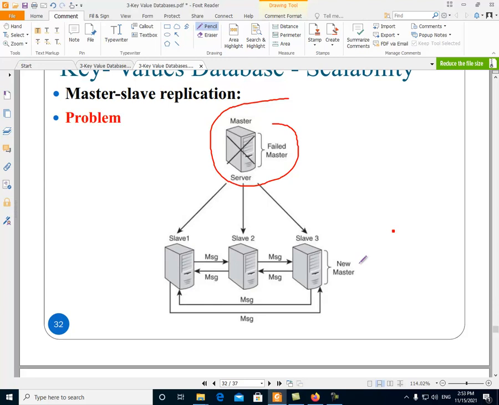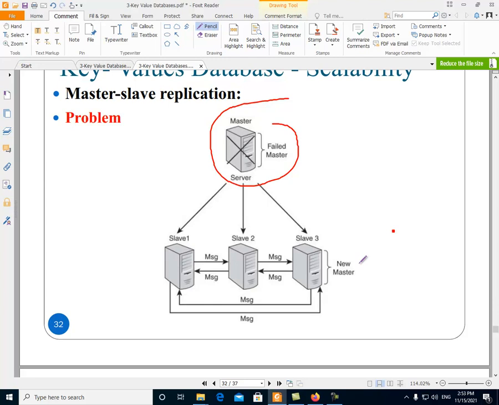But if the master server fails, one of the slave servers is selected based on some messages that are sent between them, and then the cluster could continue its operations.